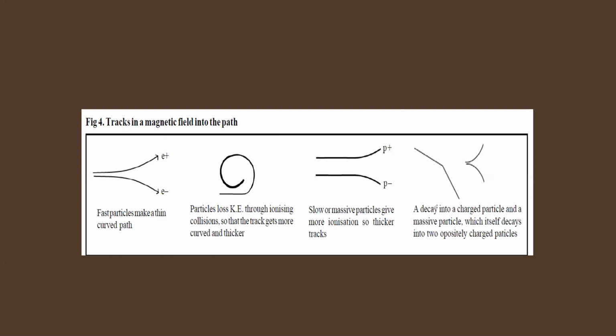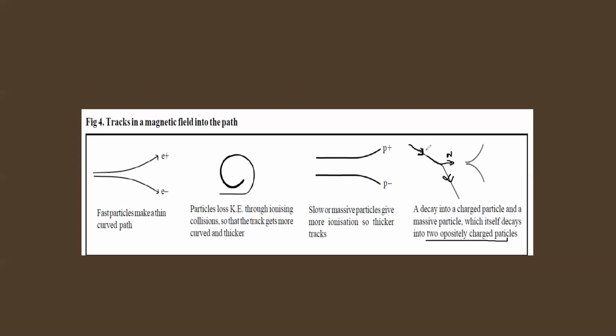And a decay into a charged particle and a massive particle, which itself decays into oppositely charged particles. So you can see, basically what happened in this track: first a particle was moving at a high speed, it decayed. This decay produced two particles, one neutral particle and another charged particle.